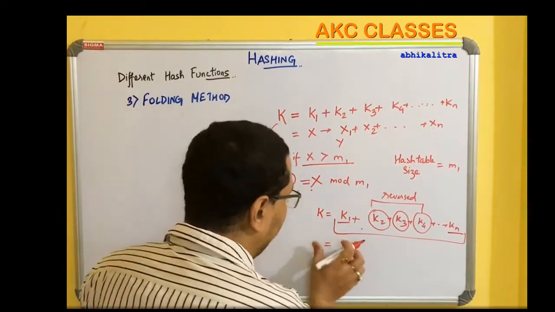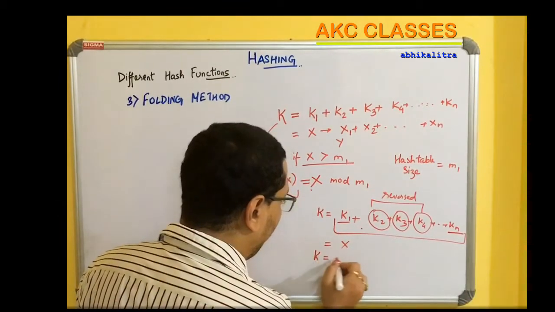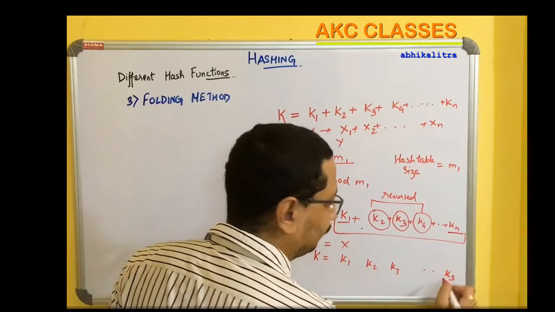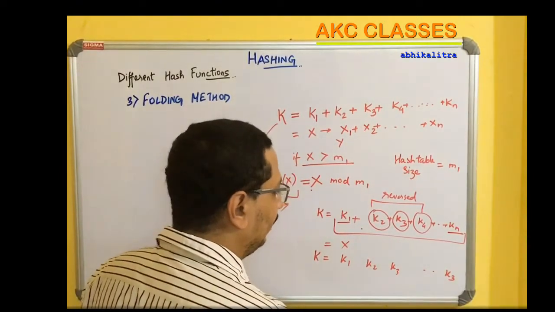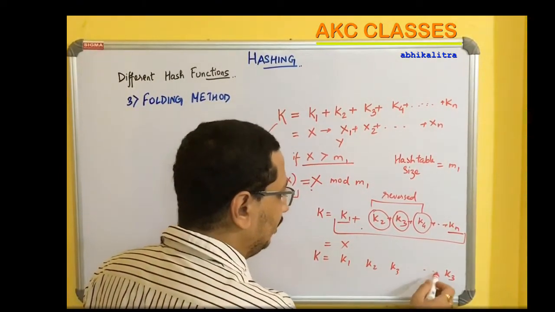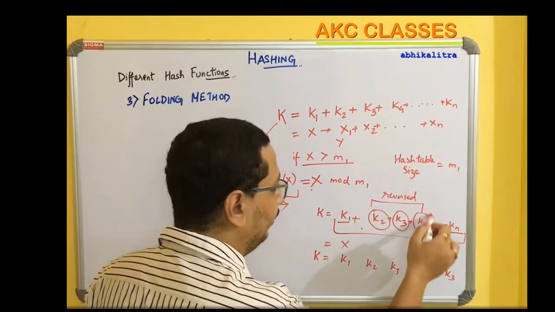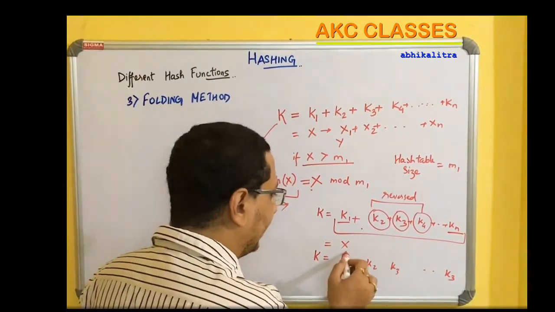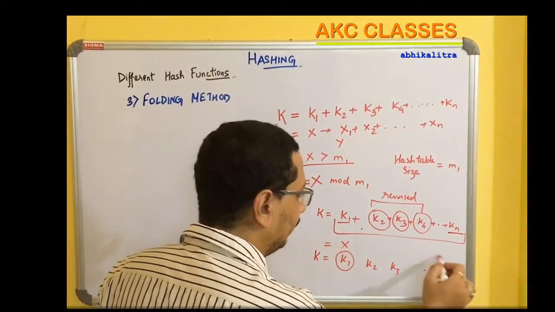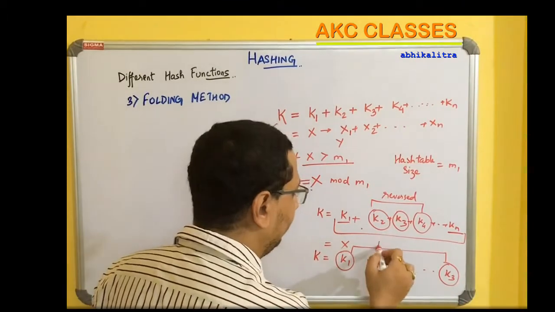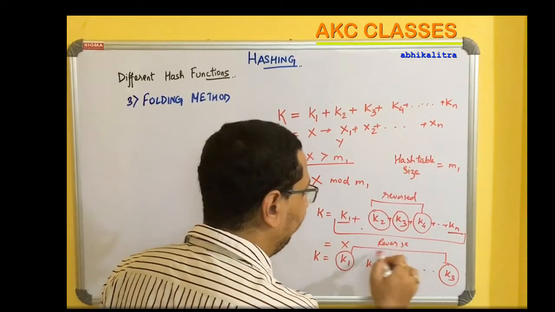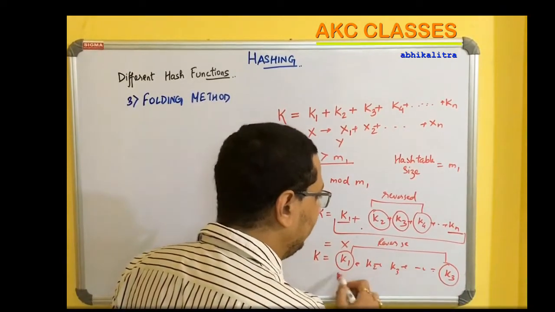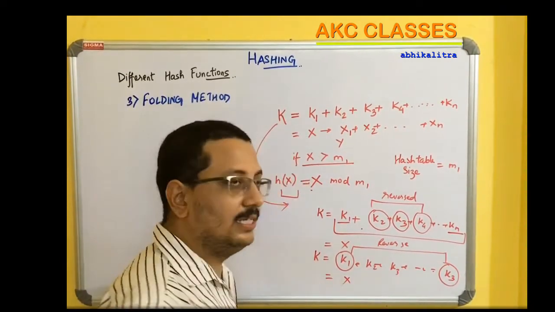Another method of chopping is you chop k as k1, k2, k3, ..., kn. Right? In the previous method we were reversing the intermediate chopped pieces except for the boundary chopped pieces. Here we reverse the first and the last chopped pieces, and then add all the chopped pieces together to obtain the added result as x.